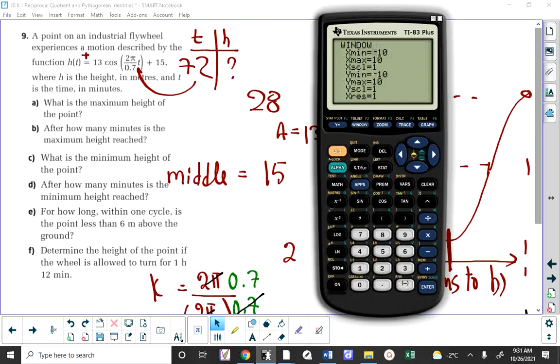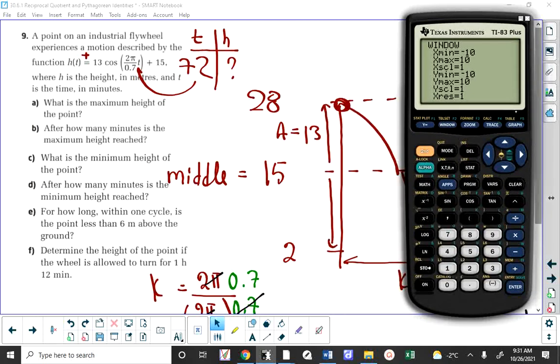I'm going to use what I started this little review with today, A and D, to find the minimum and maximum. Well, we already did, right? It goes up to 28. So for Y, I'm going to go 0 to 30.